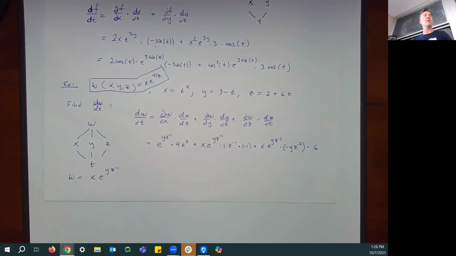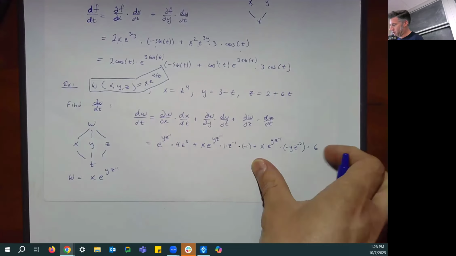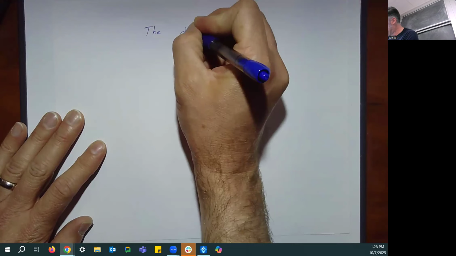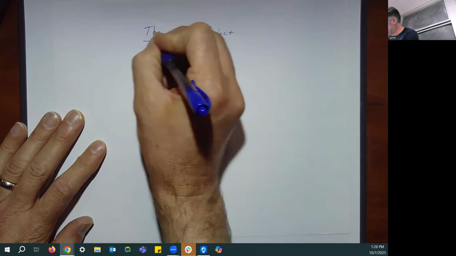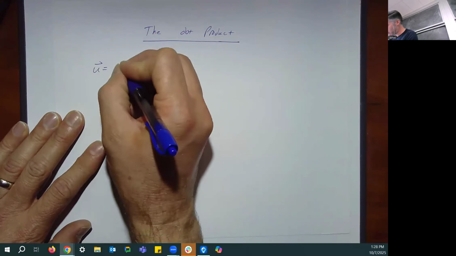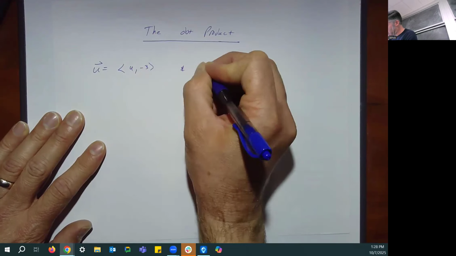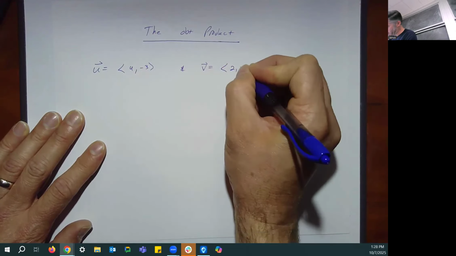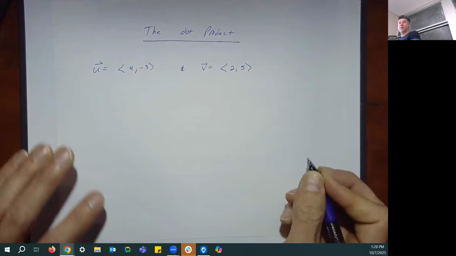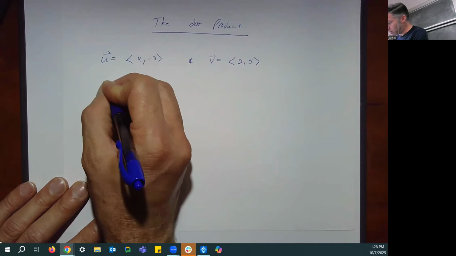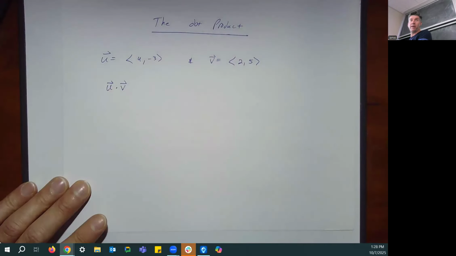So when you have two vectors, in fact, let me use my last 2 minutes to say that. Just as a reminder, when you're finding the dot product of two vectors, say u equal to the vector 4 comma negative 3 and v equal to the vector 2 comma 5, there's the easy way of calculating the dot product, where you say u dot v or v dot u, it doesn't matter what order you write it in.